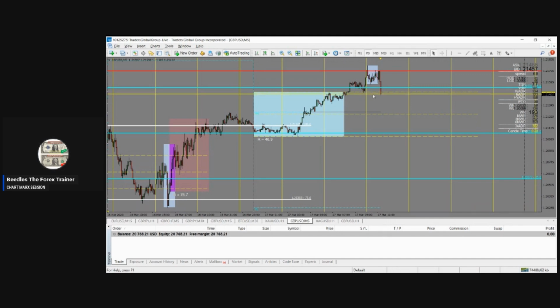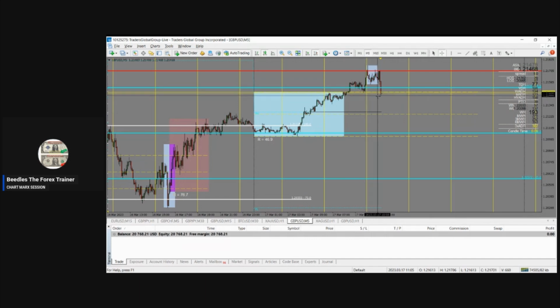Right as I close that trade, what does price do? Price breaks this level right here. But again, this strong move down may come with its own level of resistance, and I would expect that. Why? Because price already did that, right?